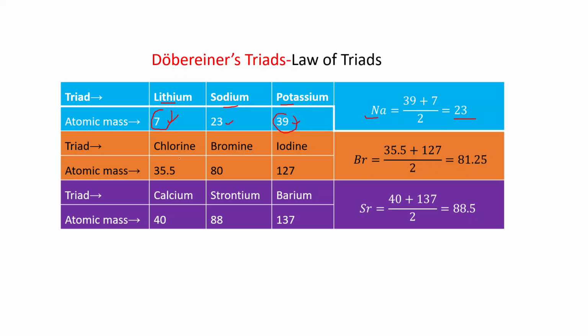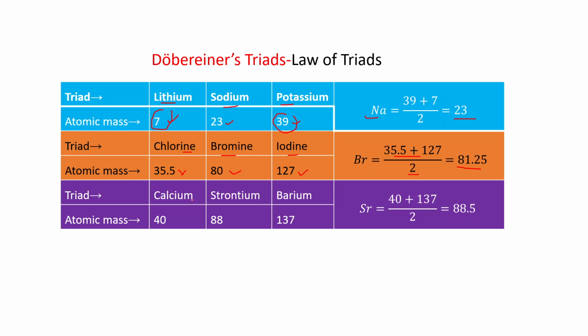In the same way, in the triad chlorine, bromine and iodine, the atomic mass of chlorine is 35.5 and of iodine is 127. If we add these two and divide by 2, we get 81.25. This is roughly near the atomic mass of bromine, that is 80.